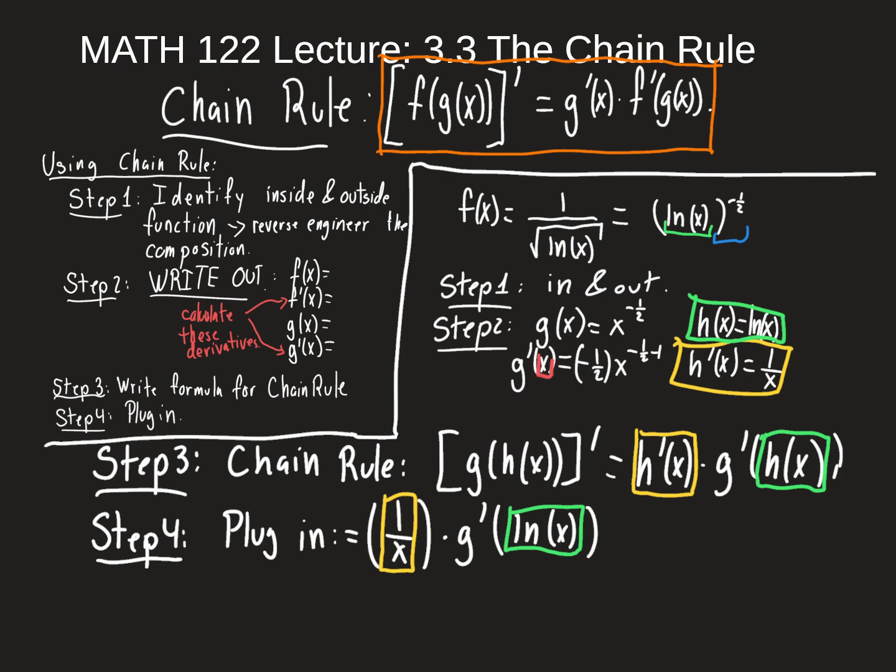Well, we see that g prime of blank is equal to negative 1/2 times blank to the power negative 1/2 minus 1. So our 1 over x stays out in front, and then this is going to be times negative 1/2 times, here we will have ln of x to the power negative 1/2 minus 1. And once again, if I don't ask you to simplify this, you can just leave this as is.